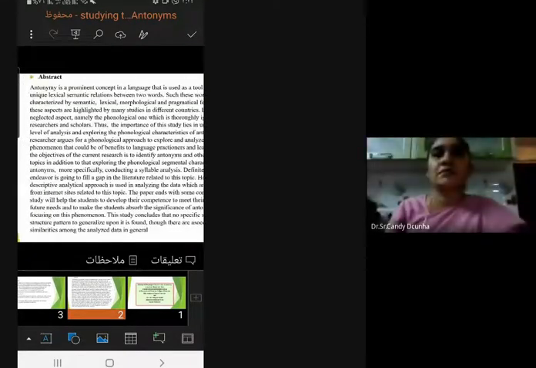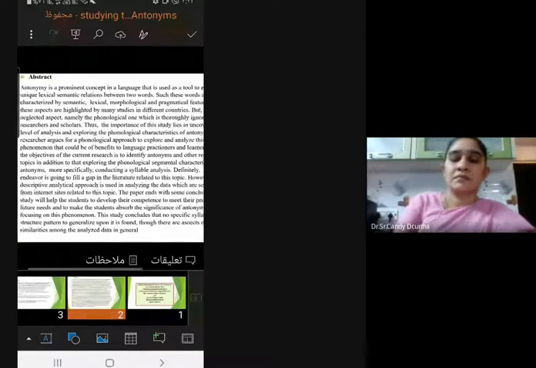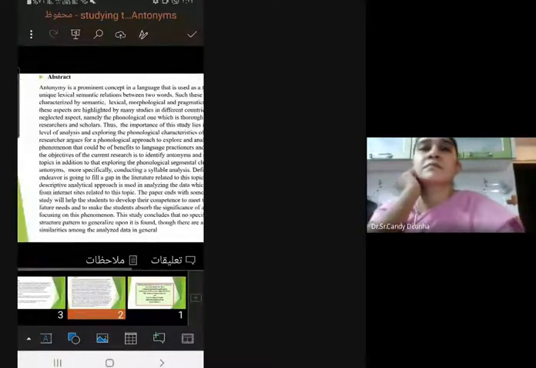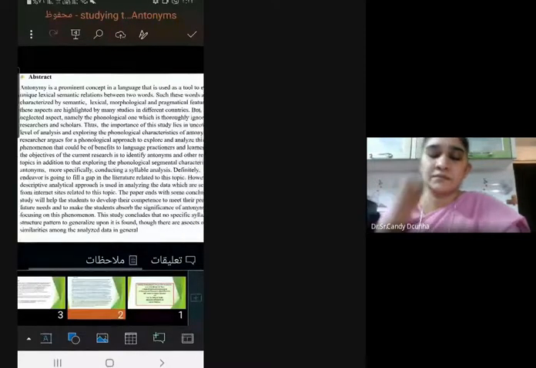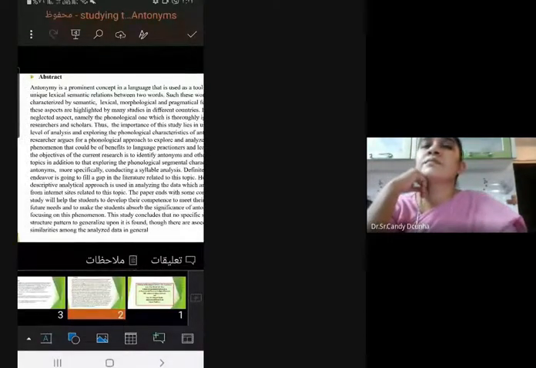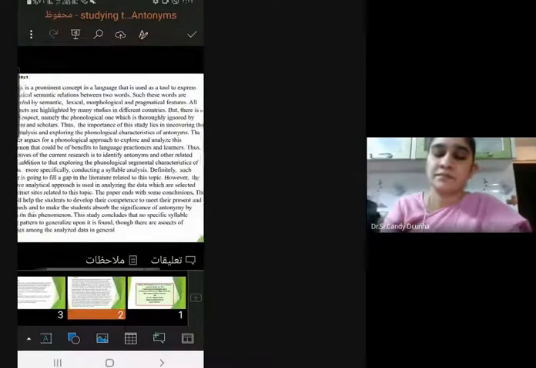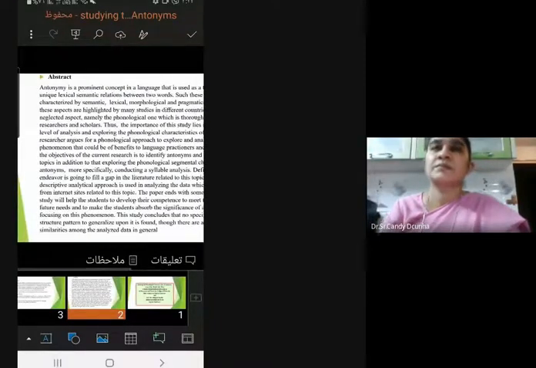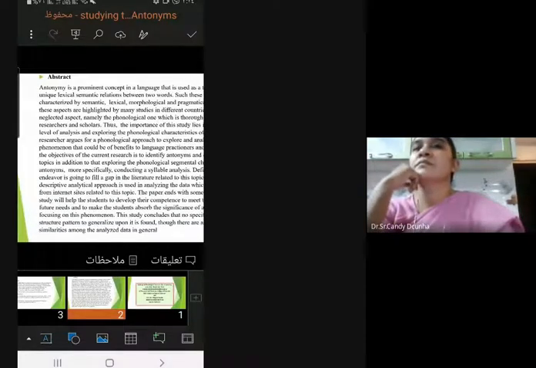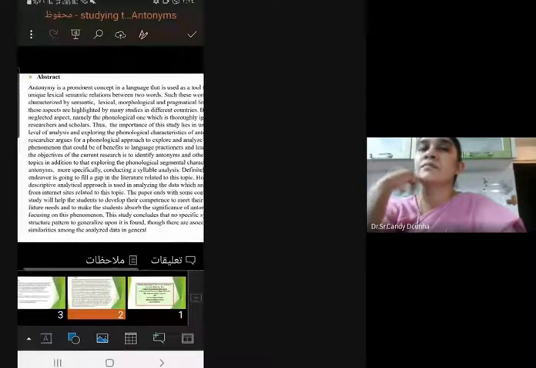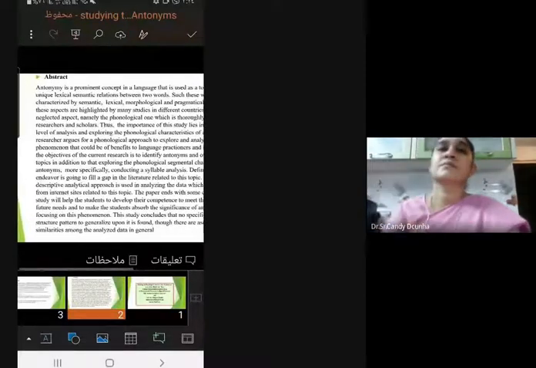The researchers argue here for a phonological approach to explore and analyze this phenomenon that could be of benefit to language practitioners and learners. Thus, the objectives of my study are to identify antonyms and other related topics, in addition to exploring the phonological segmental characteristics of antonyms.